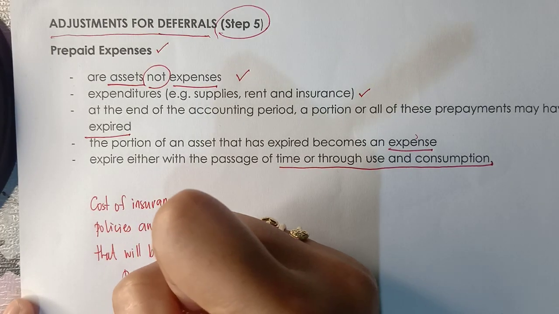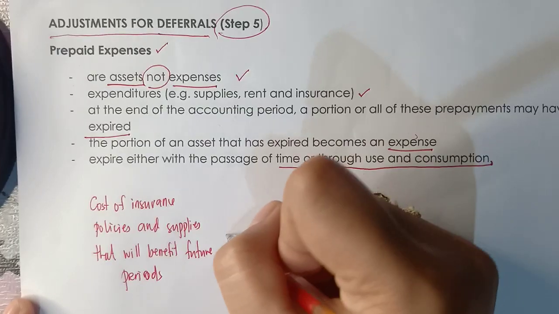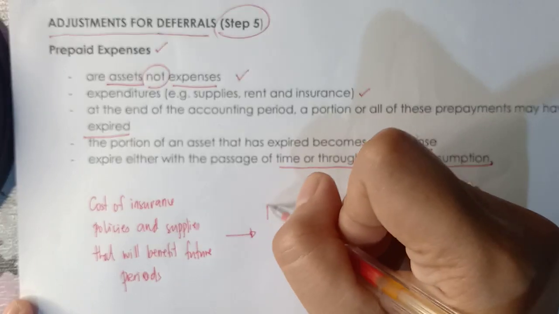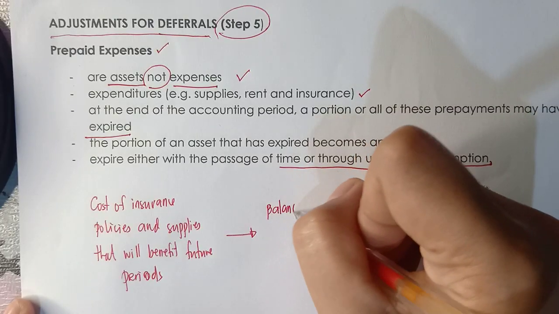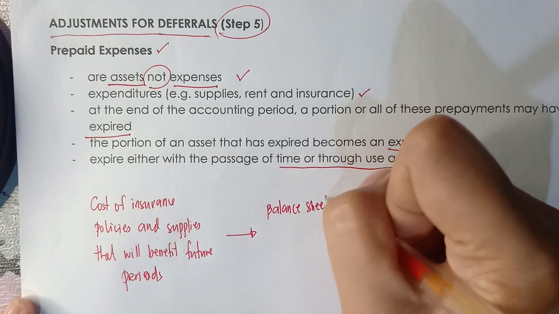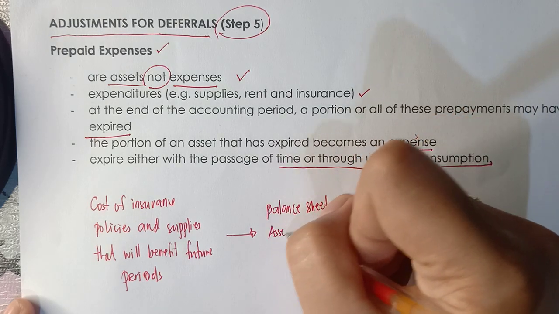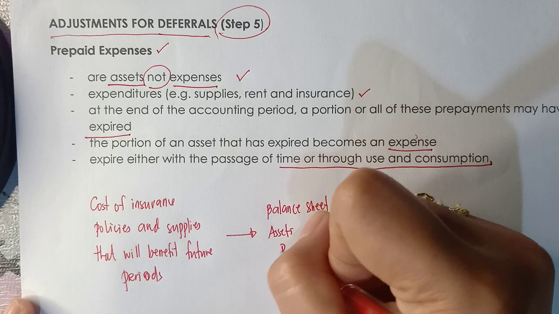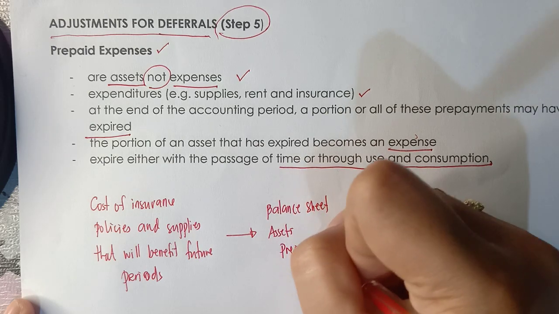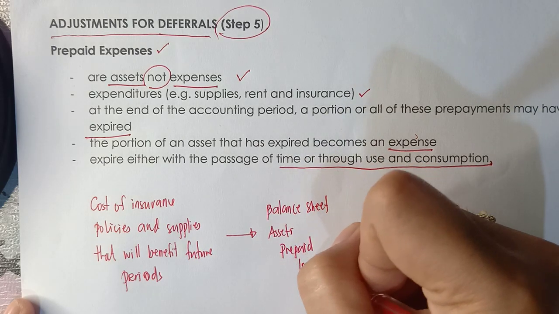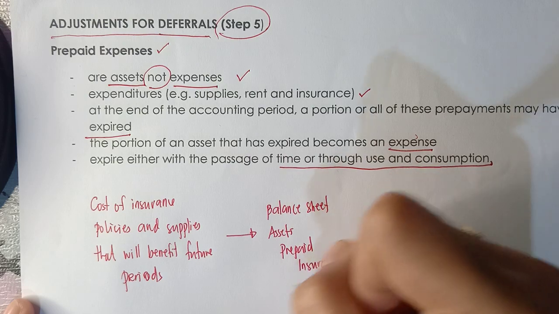So from here, it is considered as an asset. We can see it in the balance sheet, under assets, the prepaid what? Prepaid insurance and the supplies.